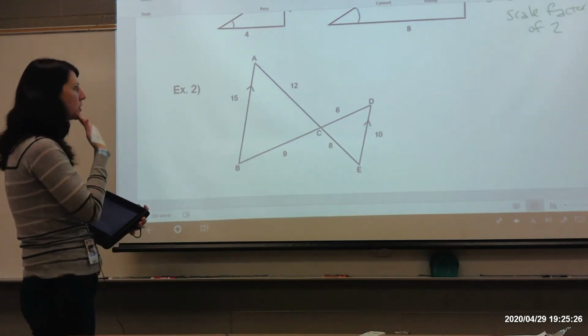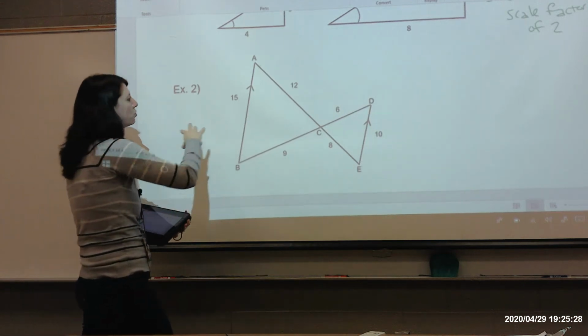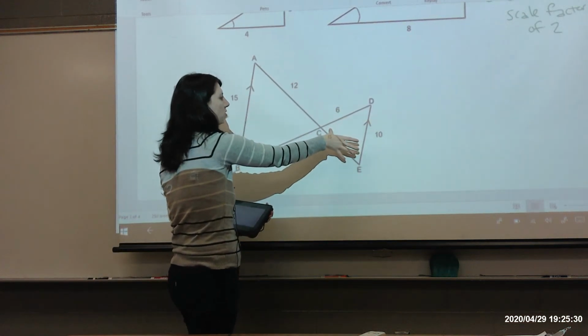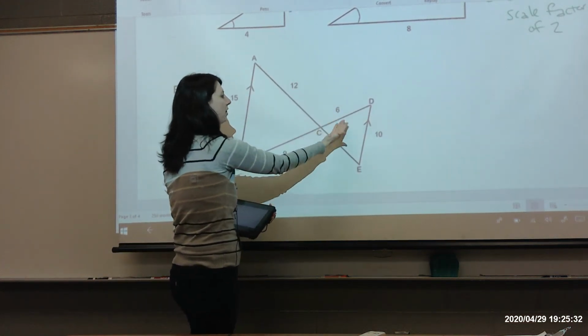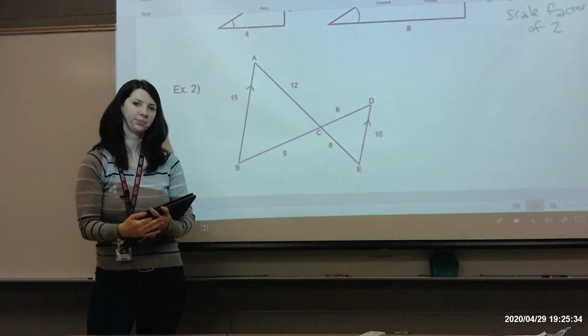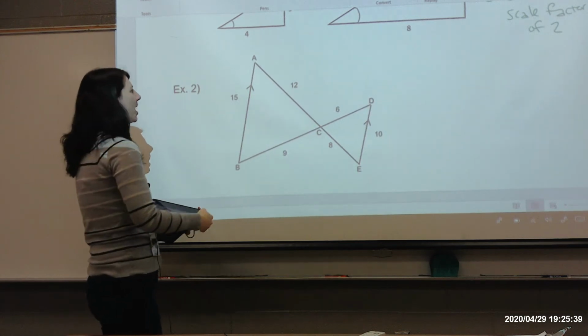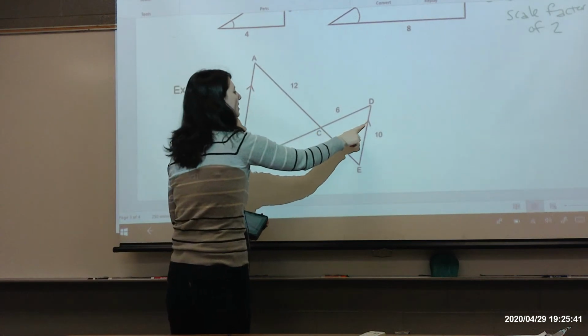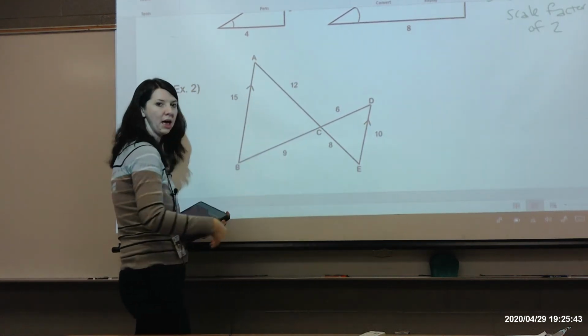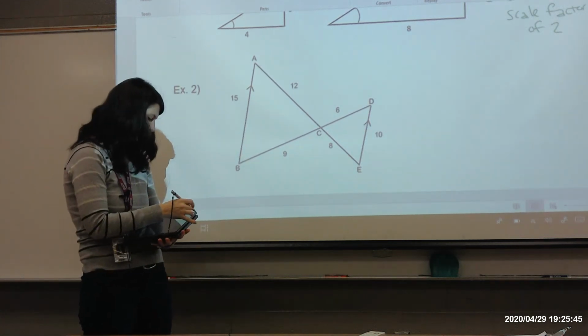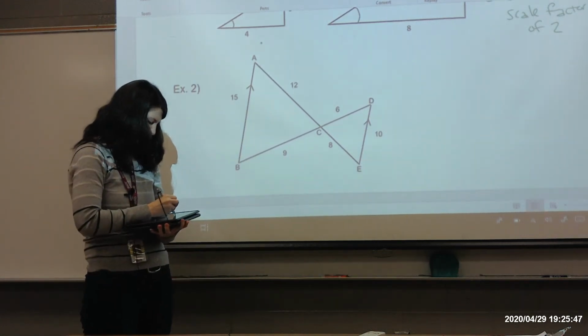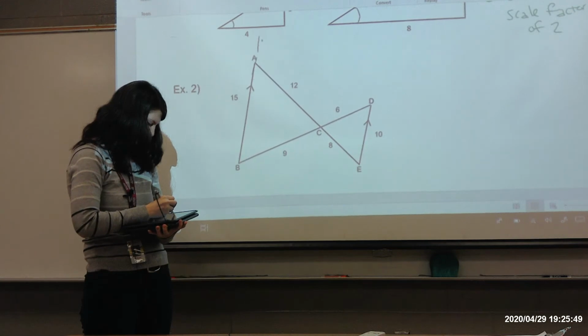So, do you think we need to rotate the big triangle, or do we need to reflect the big triangle? So this is a little bit tricky one. These little arrows here tell us that our lines here are parallel. So I'm going to extend that so you can kind of see what's going on. We're going to review a couple things about parallel lines.